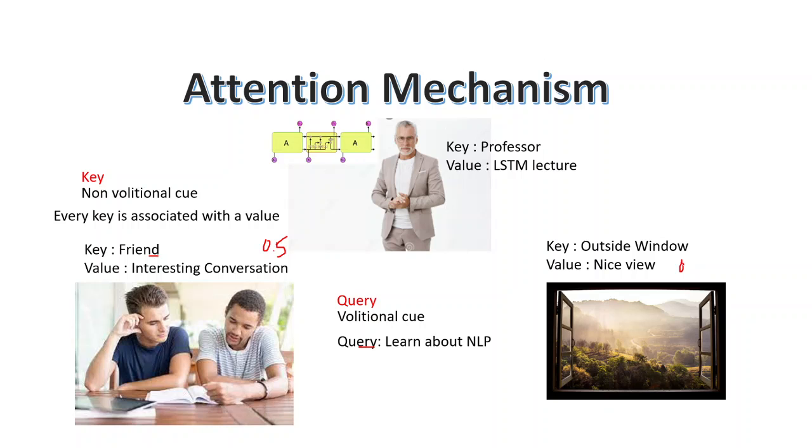So you associate a value of say 0.3 to that. Now you look at your professor and he's teaching you LSTM, which is very essential if you like to learn about NLP. So you attach a value of 0.9 to this value, LSTM lecture. And ultimately you place your attention on your professor.